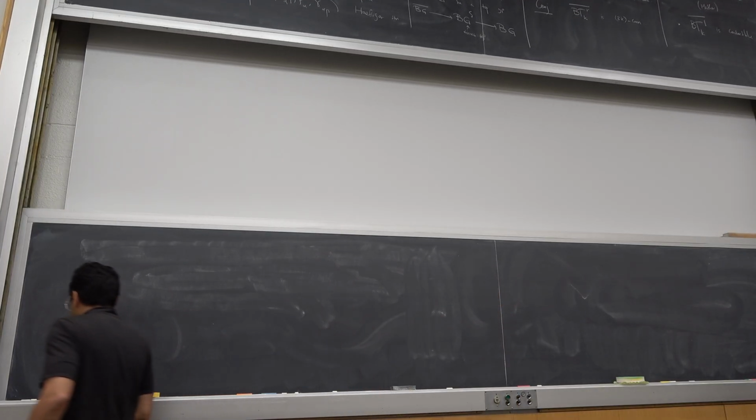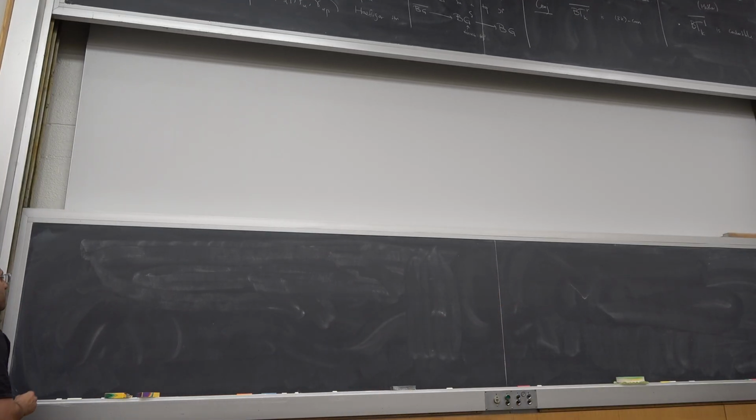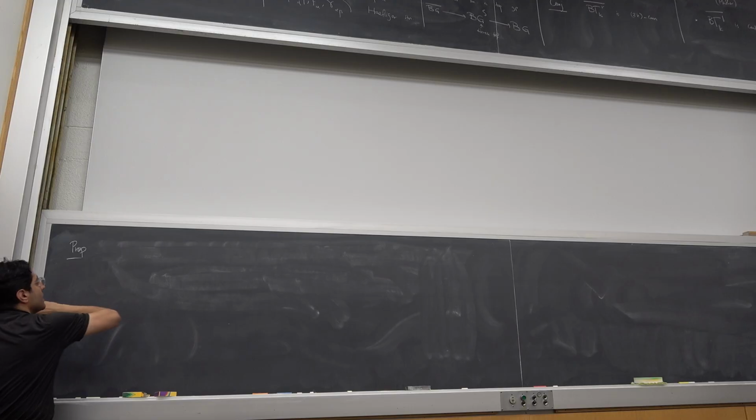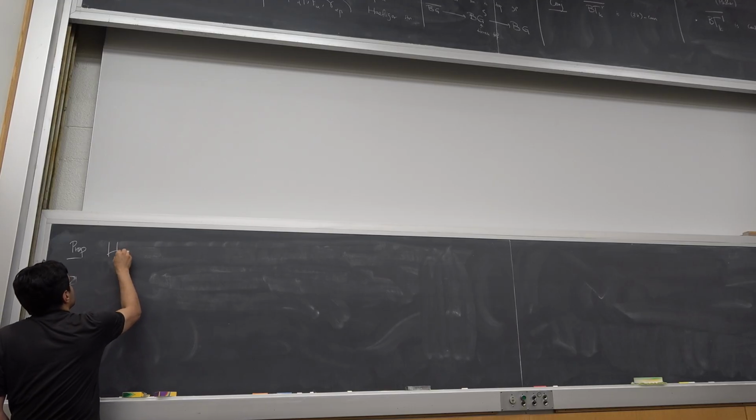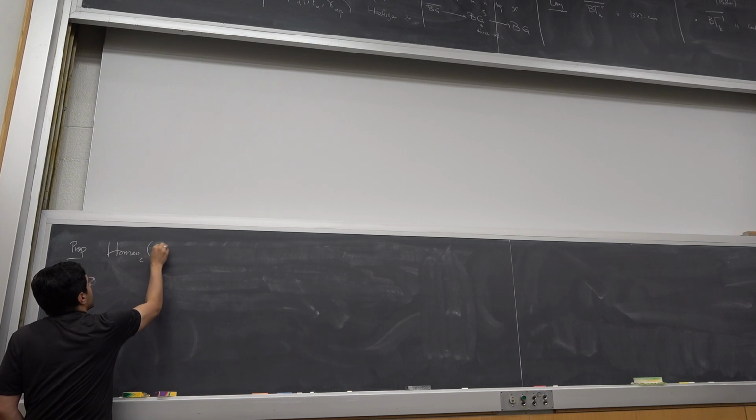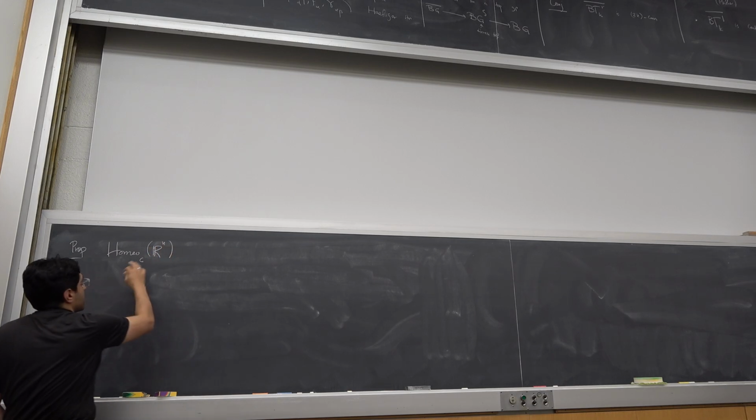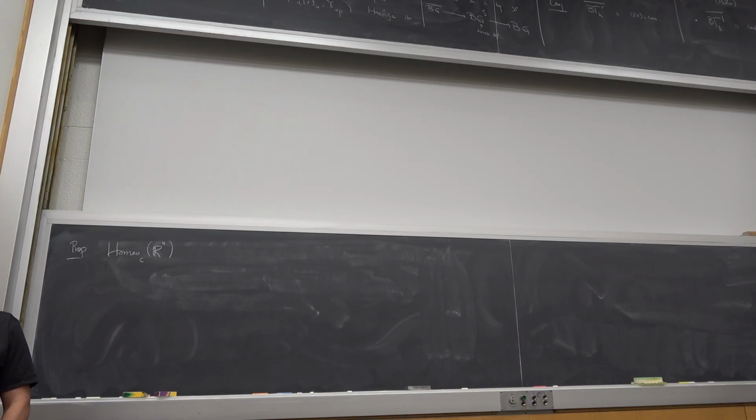So let me just say the following. So I guess a proposition: the group of compactly supported homeomorphisms of R^n is perfect. In fact, Mather showed that it's a cyclic group.